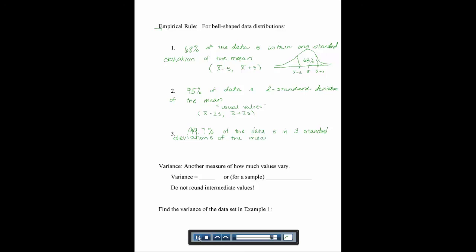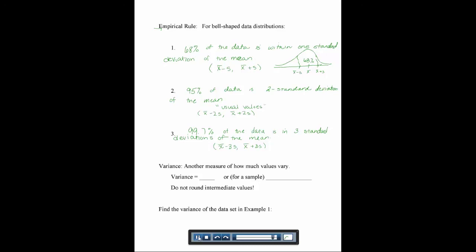So we're saying that 99.7% of the data is between x bar minus 3s and x bar plus 3s. Okay, so it would be very unusual for a normal distribution for something to be outside 3 standard deviations of the mean. So that's the empirical rule. It just tells us within so many standard deviations of the mean, how much is the data.